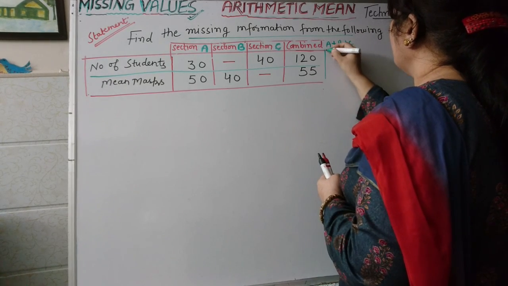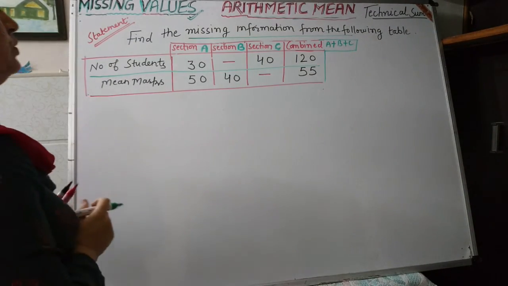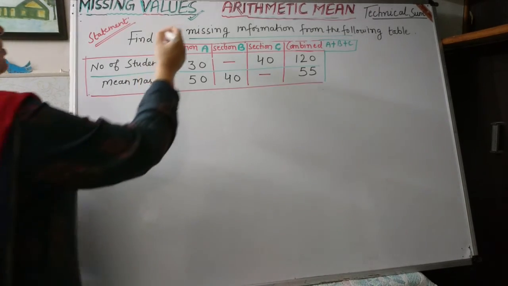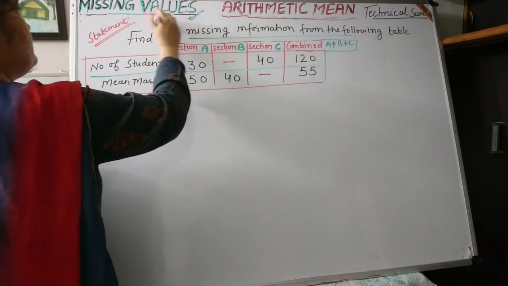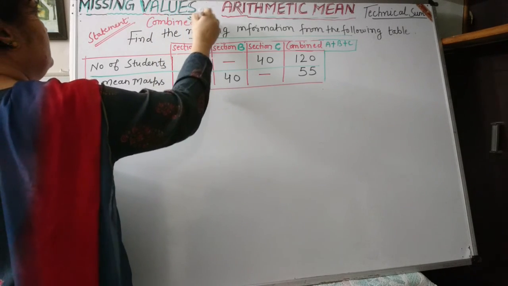So this is the information given to us. It means the question is related to combined arithmetic mean. So this is a question of combined mean.